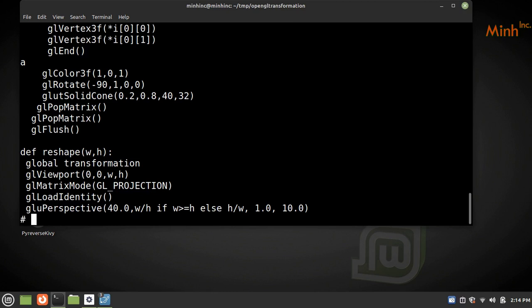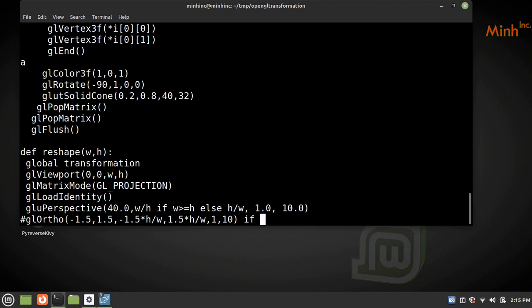We'll have glOrtho also, glOrtho minus 1.5 to 1.5, minus 1.5 to height by width, minus 1.5 into height by width, 0.1 to 10. Okay, so we can make it 1 to 10 the way it is.